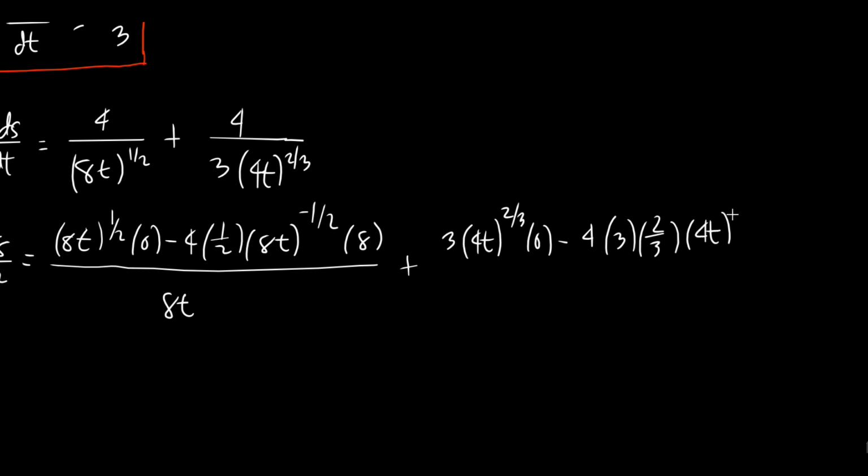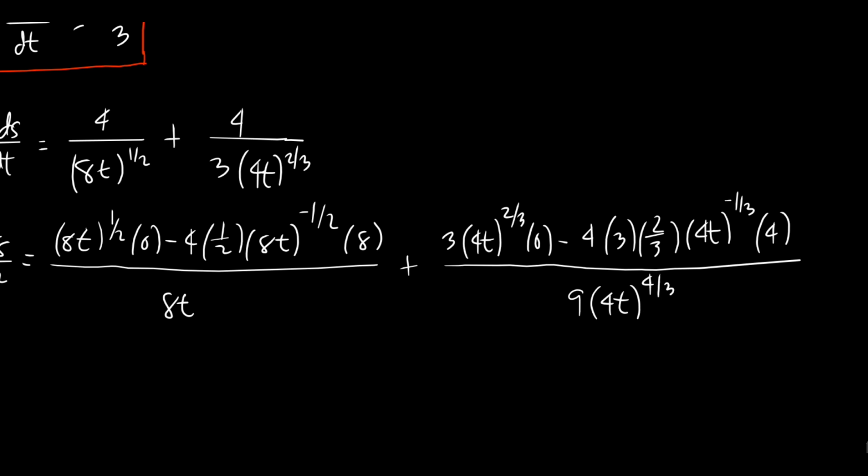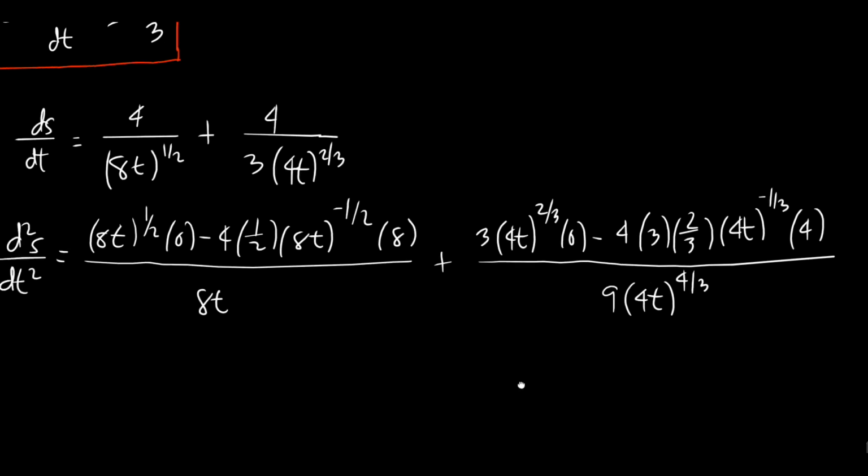So 2/3 minus 1 is negative 1/3. So the derivative inside is 4 all over. The denominator will be squared, so it is 9 times 40 raised to the power 4/3. Right? So we'll simplify.